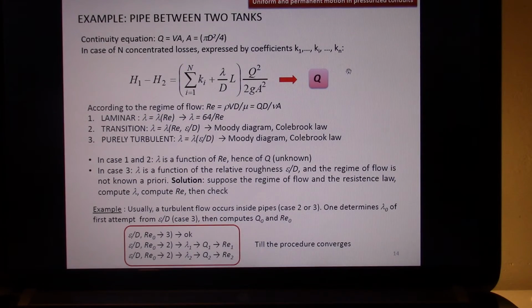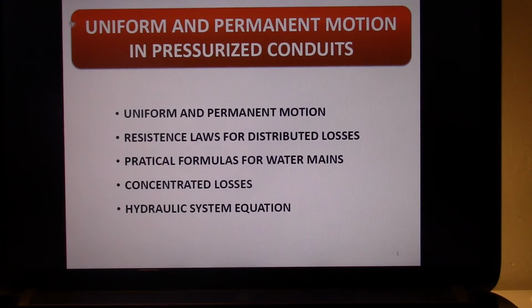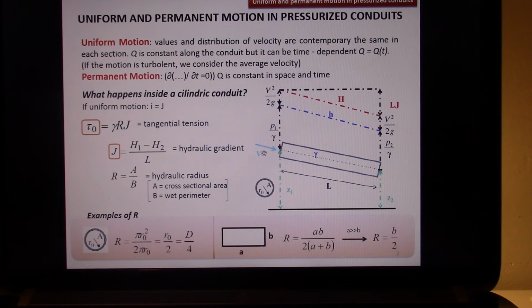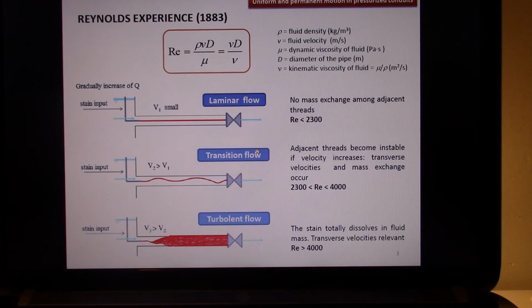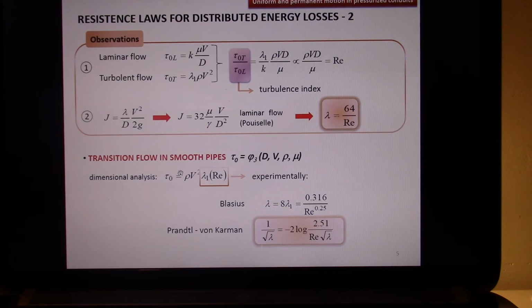Alright, so basically in this second part related to uniform and permanent motion in pressurized pipes, we have seen, just to remind, how to compute the distributed losses, and we compute J to evaluate your distributed losses.